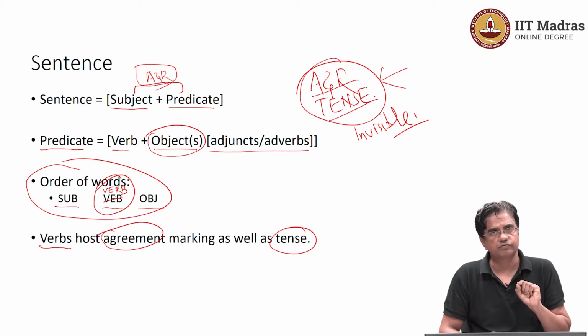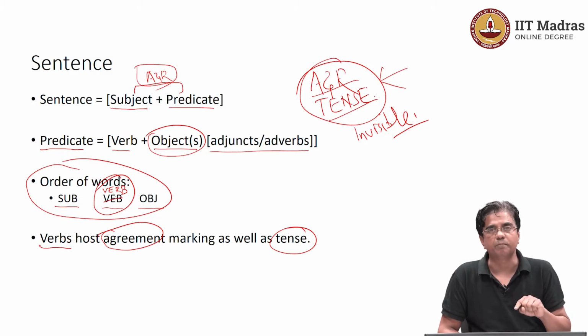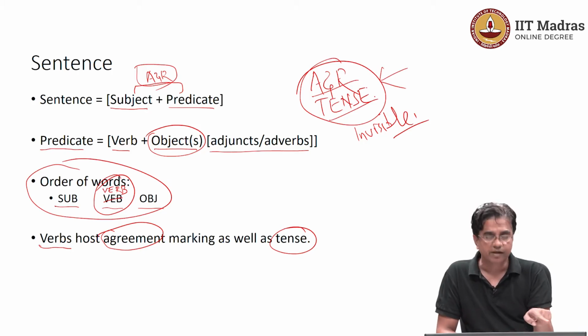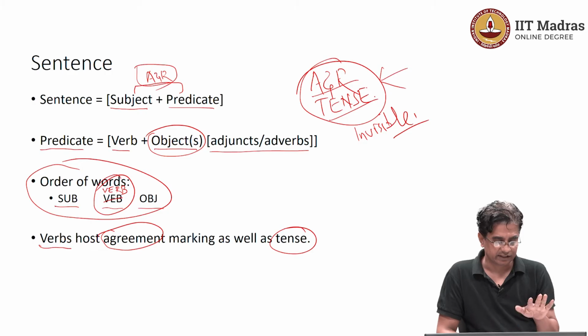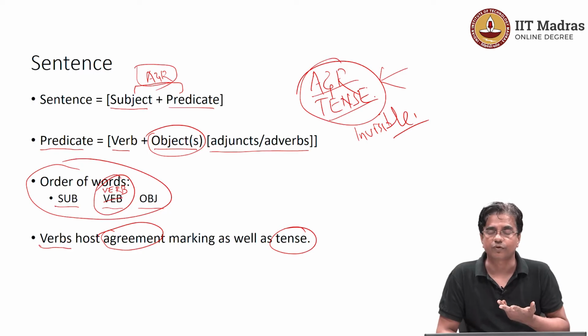In order to understand formation of question, a clearer understanding of these two and how they work becomes imperative. And once we understand how tense and agreement play along with subject, verbs and objects, then formation of question becomes easy for us to understand, and it also becomes very nice for us to observe the systematicity that is underlying in our human mind.